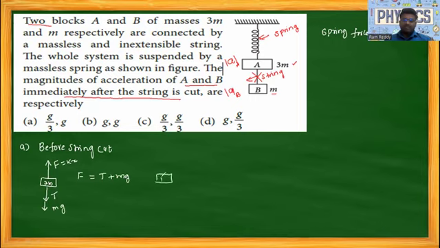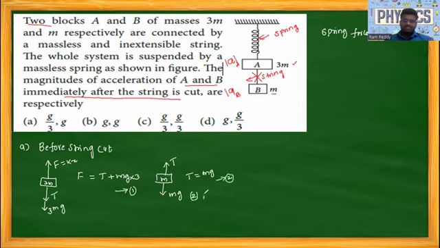And for mass m, the free body diagram has gravitational force mg downward, and the tension force upward, so tension is equal to mg. Let us take this as equation 1 and this as equation 2.